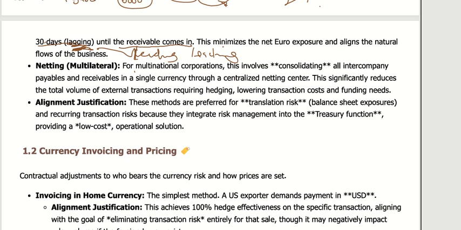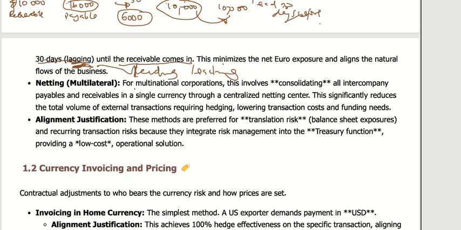Okay, so the other one is netting. So what does this mean? For netting, we are saying it involves consolidating all intercompany payables and receivables in a single currency through a centralized netting center.